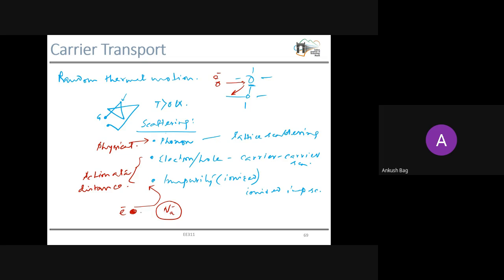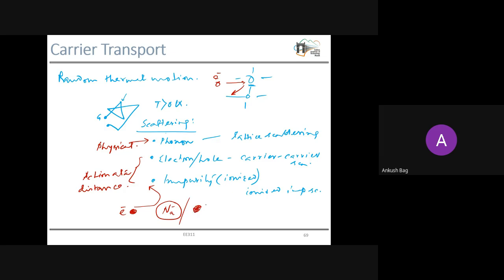That is why this is not physical scattering. This is a charge-based event. The electron has negative charge, and this acceptor ion is also negative. So this repulsion is there, and this kind of scattering is there. That is called action at a distance. Similarly, if here you now have another electron.